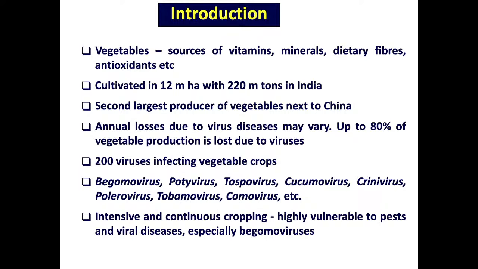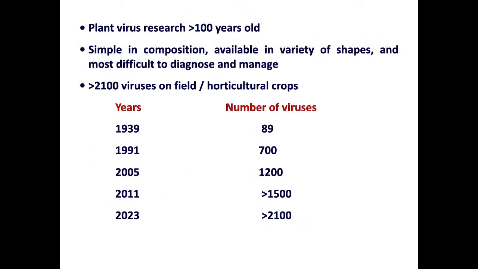Even a single farmer, due to price fluctuations, raises the crop in different months, so continuously within his own field the inoculum goes from one field to the next. Intensive cultivation as well as continuous cropping are the major factors determining the severe occurrence of diseases, especially viruses and begomoviruses in general.